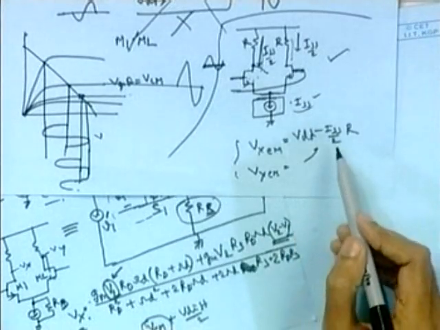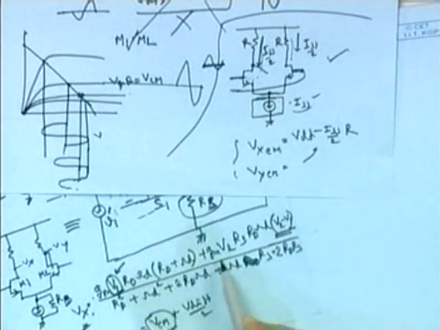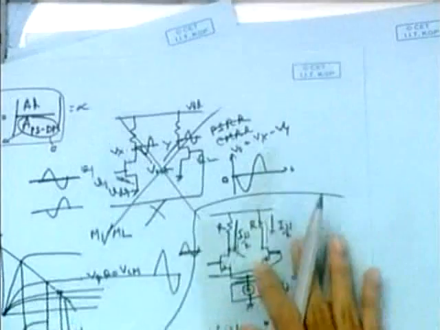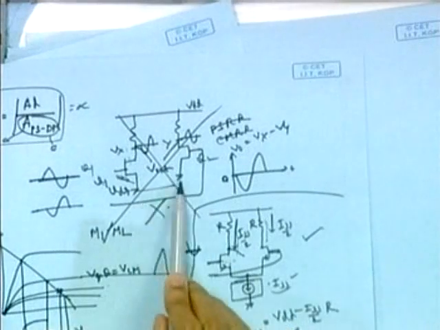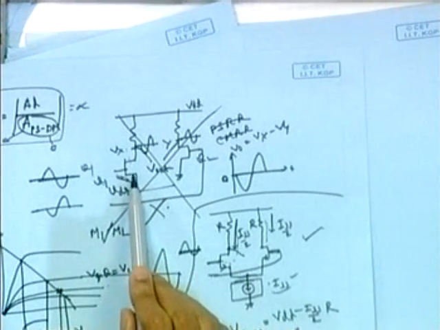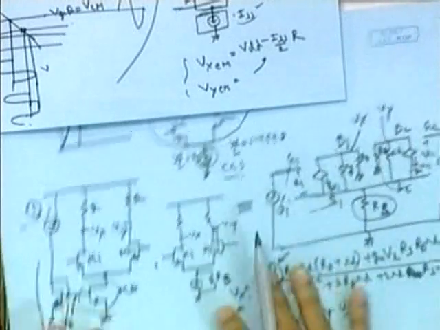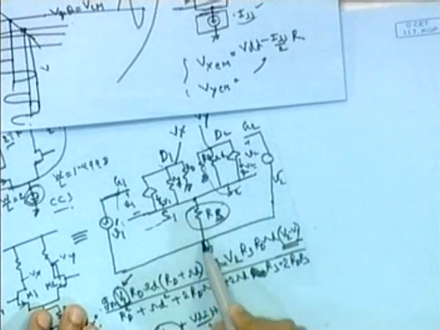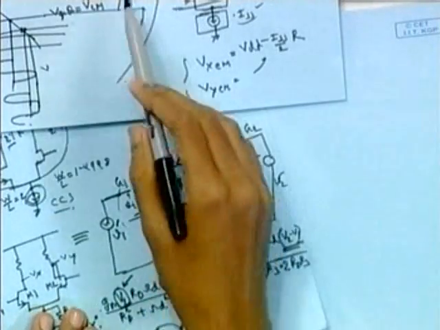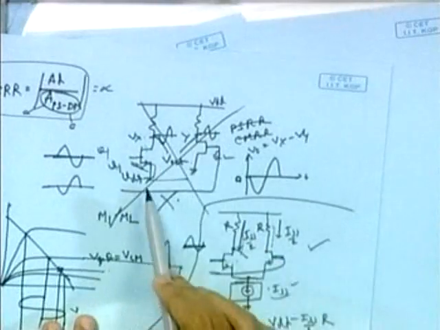So suppose if we want to put RS equal to 0, we are getting to this circuit. Here the RS is 0, no current source. The source of this transistor is directly grounded. So if we put RS 0 here, this point will be grounded. So we are going back to our previous primitive circuit.